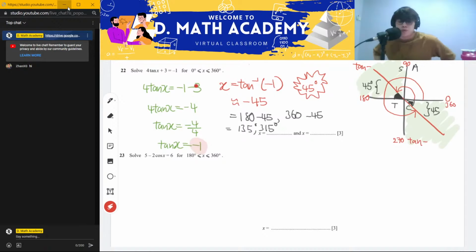For those who gave me 45 just now, how do you know where to draw the line? It's a bit confusing for me. So the lines, remember when I shade the parts? It doesn't matter how you draw the line basically. I just happened to draw it at the center. It can be off center as well. The main thing is you must know which part represents tangent is negative.